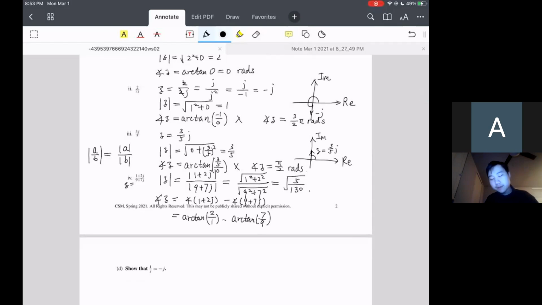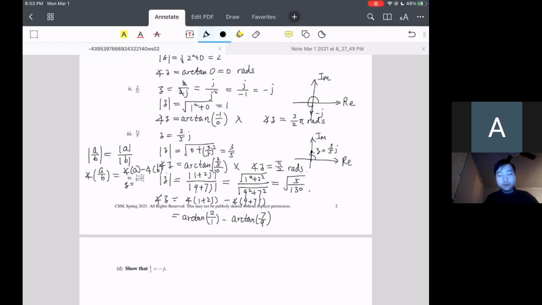The remaining calculations are left for the calculators. All right. So we notice that the angle of a quotient is equal to the angle of A minus the angle of B. Right.